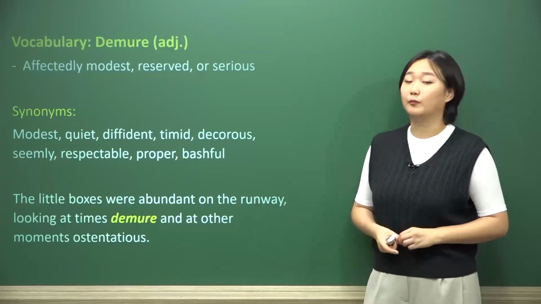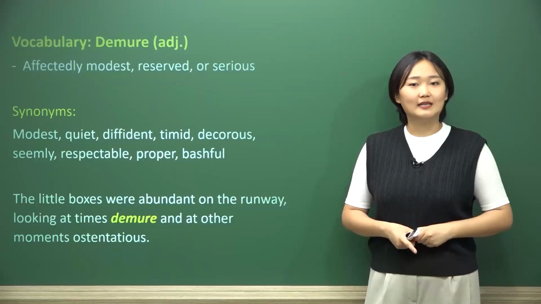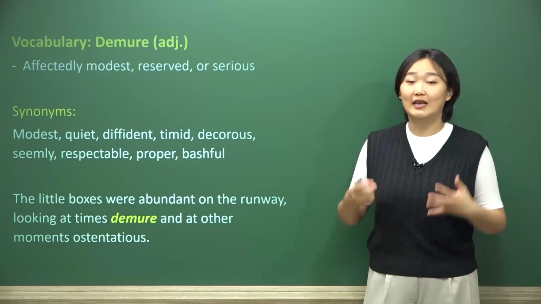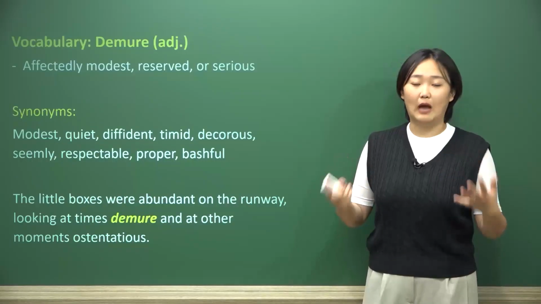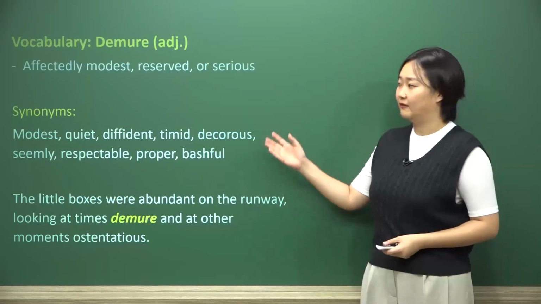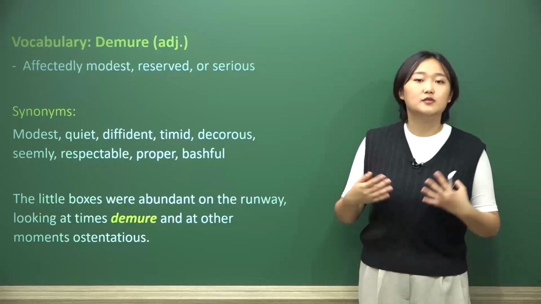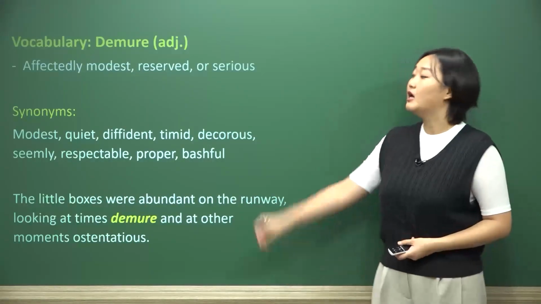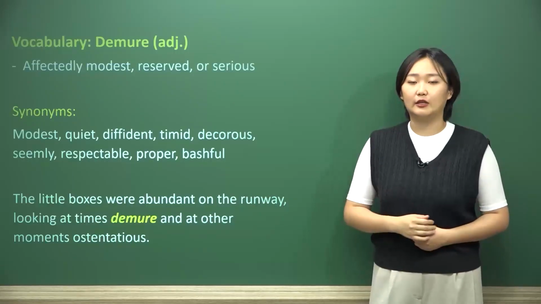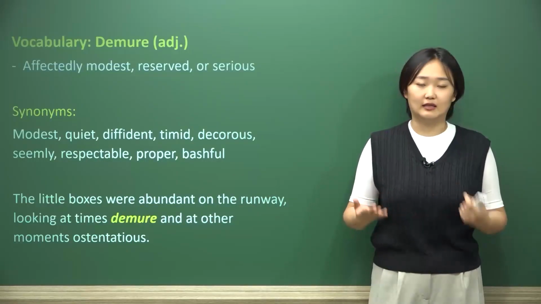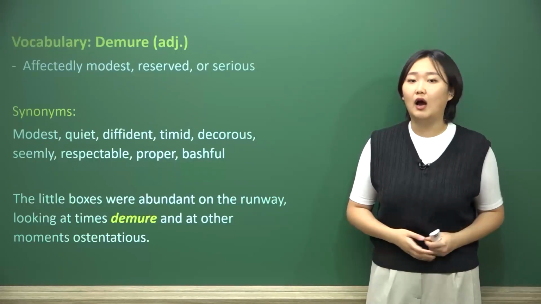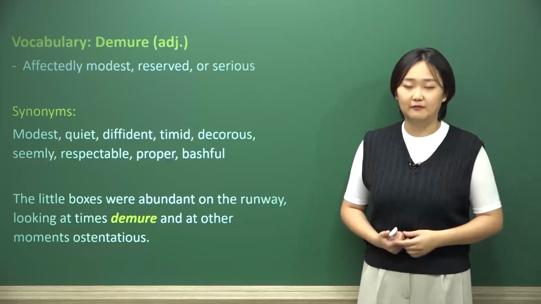Oftentimes that's because this is a word from a long time ago, and this was a word that was used to keep women in a very specific box, acting in a certain way, acting in a very modest way, being quiet. It was oftentimes used to describe women particularly, very specifically. And so very rarely, I will say, do you see this word being used to describe anything that's quite masculine. Now, that doesn't mean that you can't use it, but it will have that connotation and it will be effeminate for that reason.